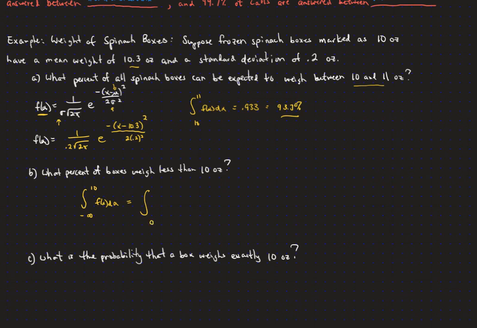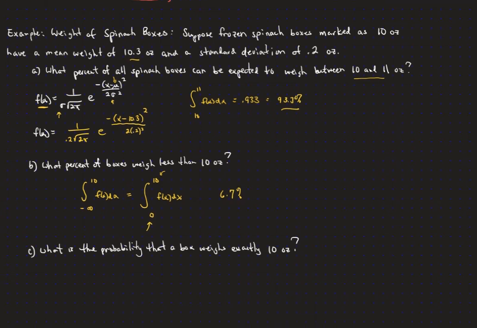And as long as our calculator can do this without locking up, if it takes too long to calculate this, then you might want to interrupt it and just shorten up what that lower limit is. But you just have to pick a lower limit here. I would aim for at least 5 standard deviations away from where we're trying to get to. So if you integrate, say, from 0 to 10, I believe you are going to get something like about 6.7% of the boxes will weigh less than 10 ounces.